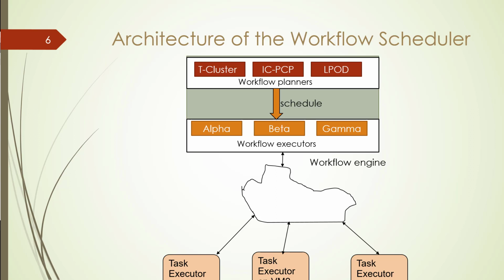We have an architecture for the workflow systems. The LPOD is going to be at the planner level. For a workflow system we need planners. As you saw in the previous presentation, I presented the ICPCP algorithm. The LPOD is another scheduler algorithm that can schedule our workflows.